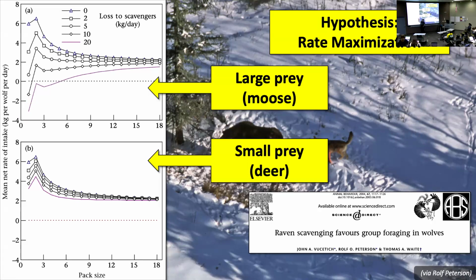Because this model doesn't have a conservation of mass, it's saying that if you're getting 20 kilograms per day taken away by a raven, your gross revenue is only going to be 17 kilograms. So you made 17, but then you lost 20. And that's where this negative came into play.